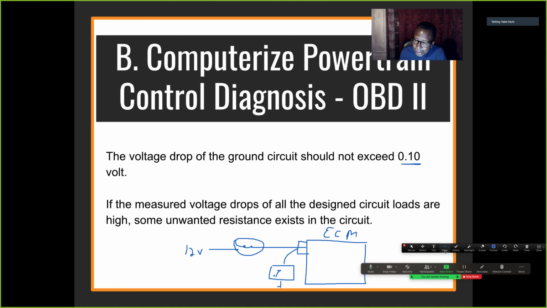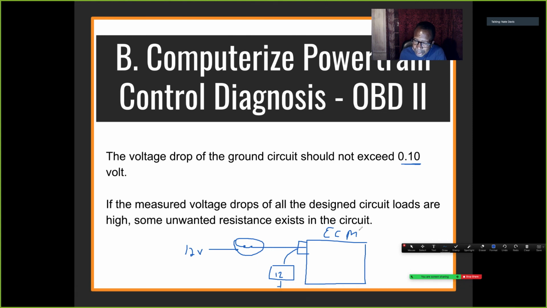Now, let's switch it around. Let's say they ask you a question on the ASE test that my ground circuit, this circuit is being energized. I'm reading 12 volts on this line.